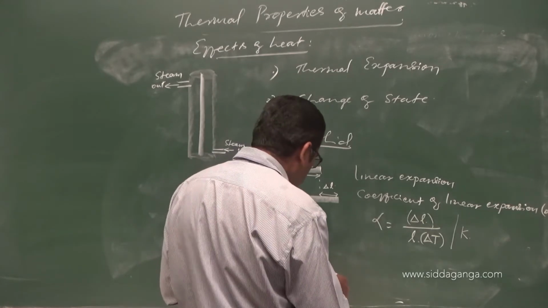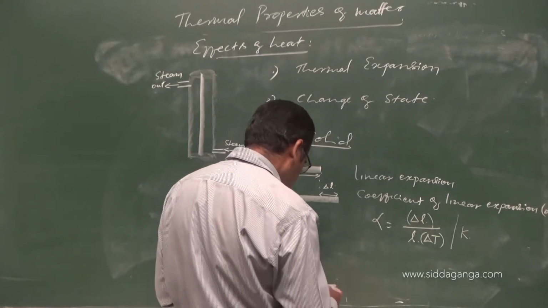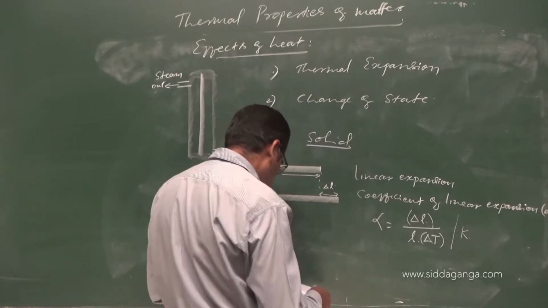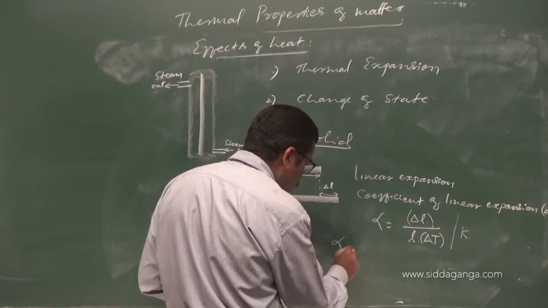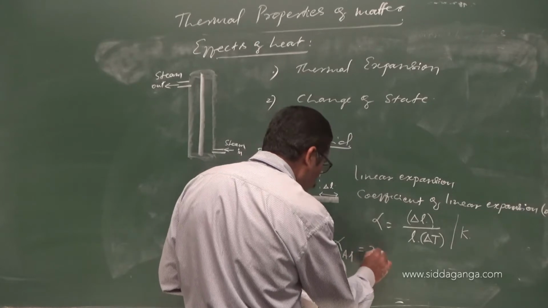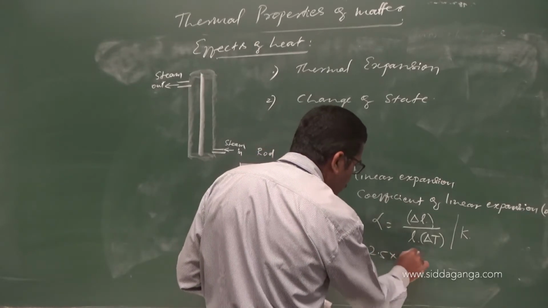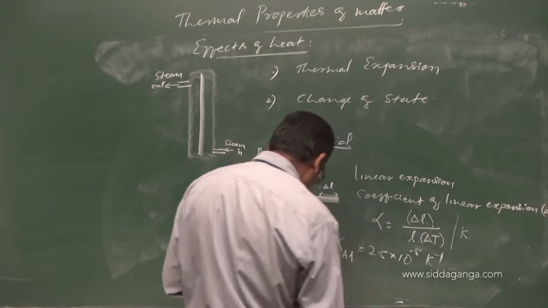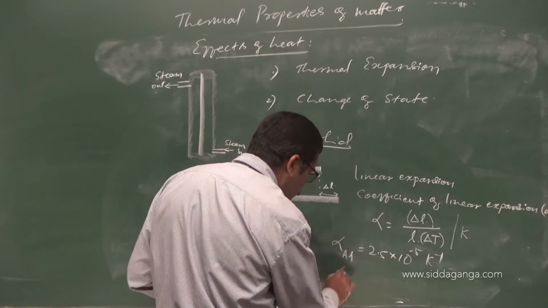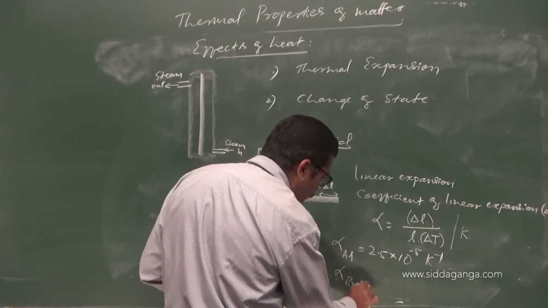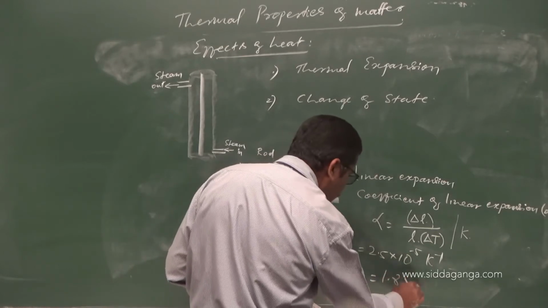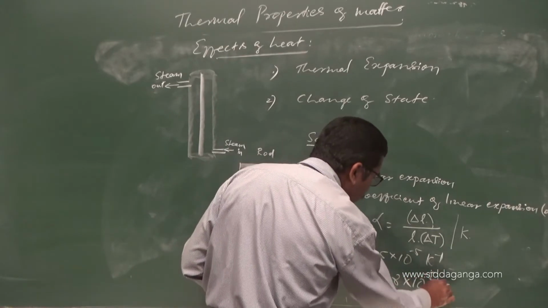For example, for aluminum, alpha comes out to be 2.5 into 10 raised to minus 5 per Kelvin. If you take brass, it is about 1.8 into 10 raised to minus 5 per Kelvin.